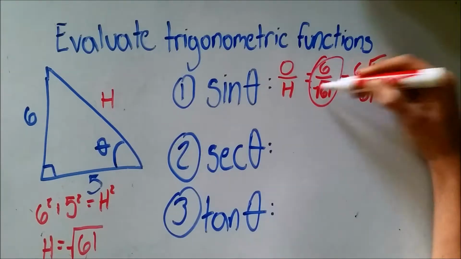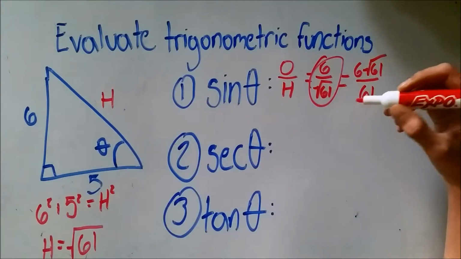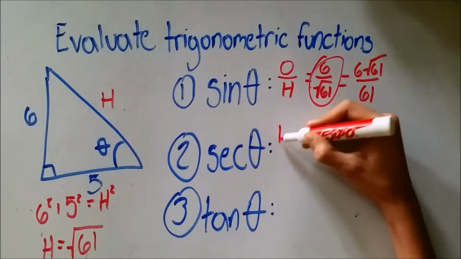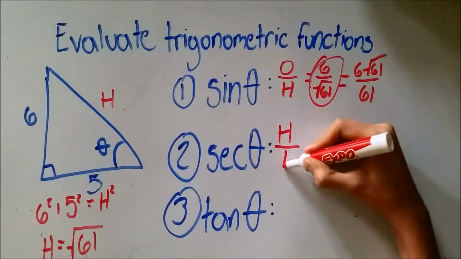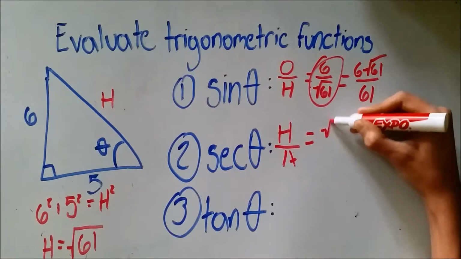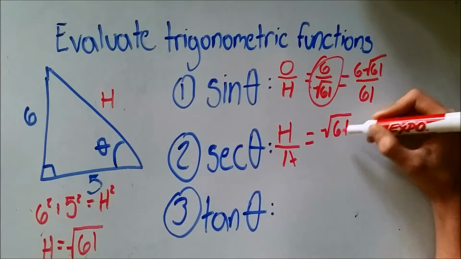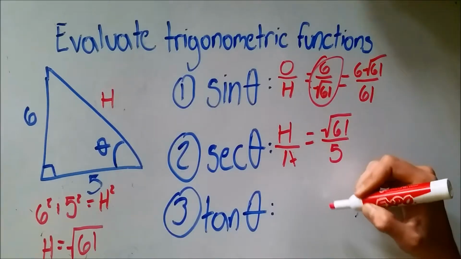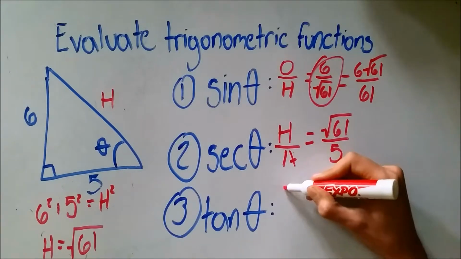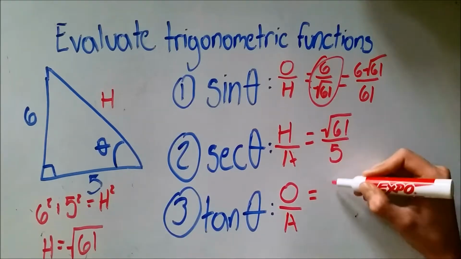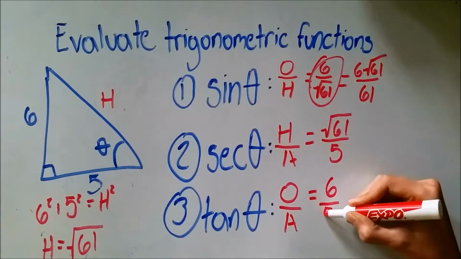But you can leave it this way. It's the same thing. Next, we're going to find the secant, which is the hypotenuse over the adjacent. This will be equal to the square root of 61 over 5. And finally, we're going to find the tangent, which is equal to the opposite over the adjacent, which will be equal to 6 over 5.